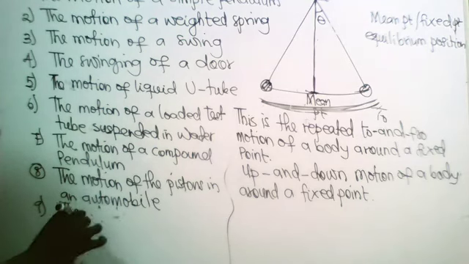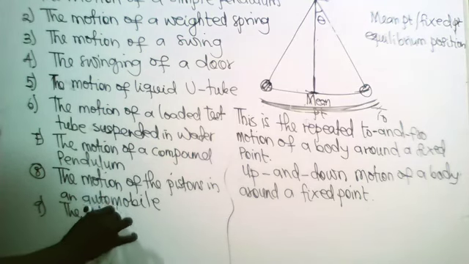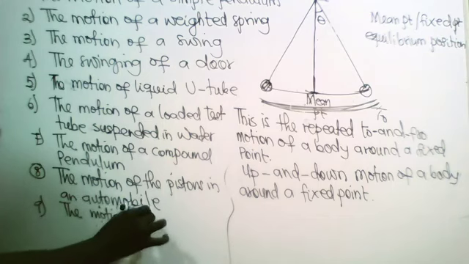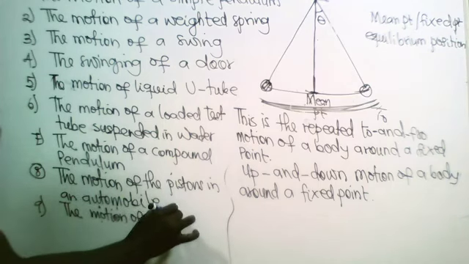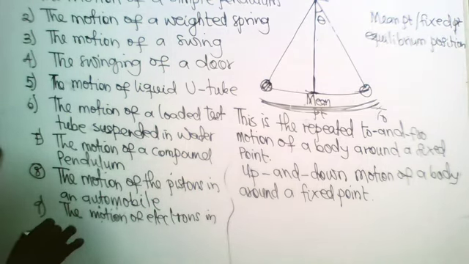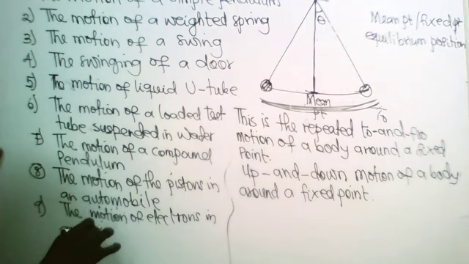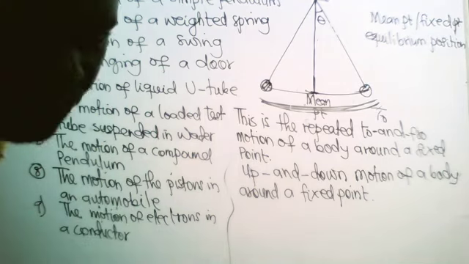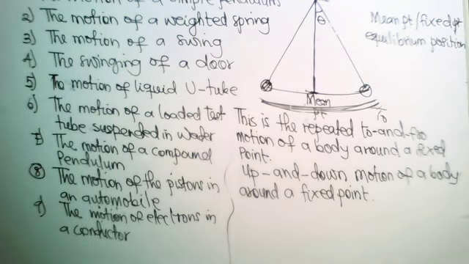The motion of electrons in a conductor, formation of current. There are lots of examples which we can talk about in simple harmonic or oscillatory kind of motion.